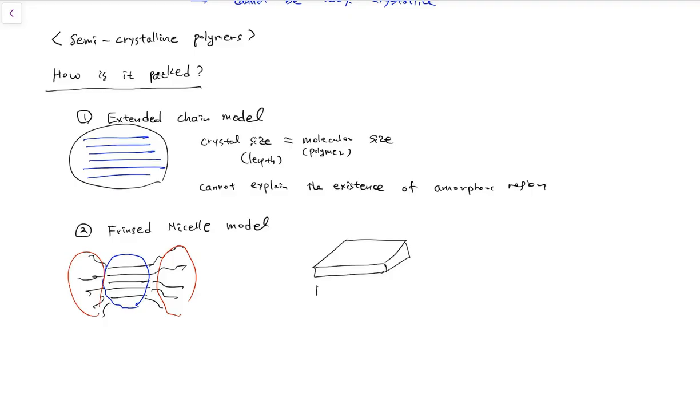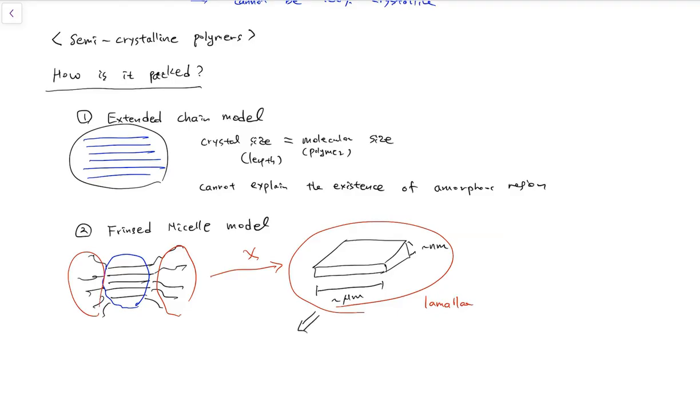In this figure, the size of this plate is under some microns, and the thickness is a few nanometers or tens of nanometers. And the fringed micelle model cannot explain the existence of this kind of structure. This kind of structure is called lamella. So we need another model which can explain the existence of this lamella structure, which is called the folded chain model.